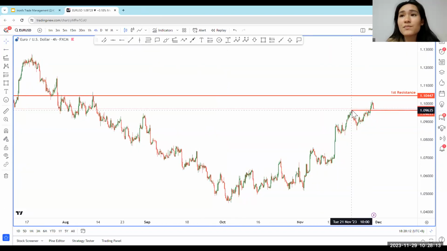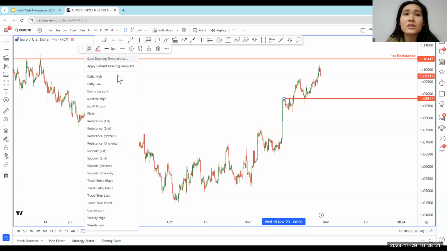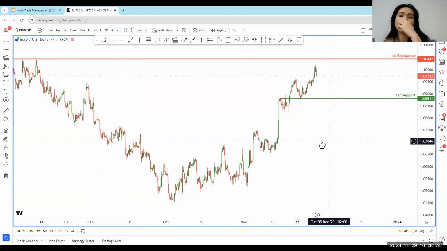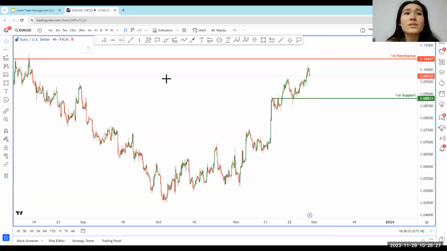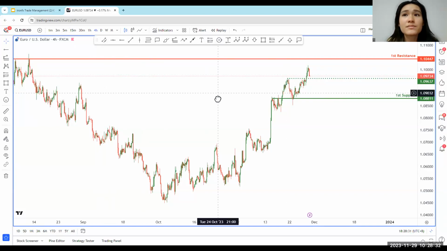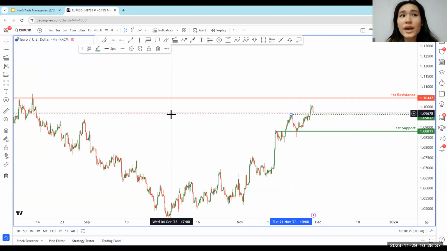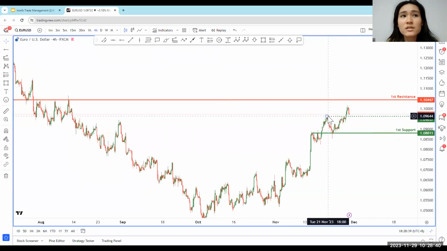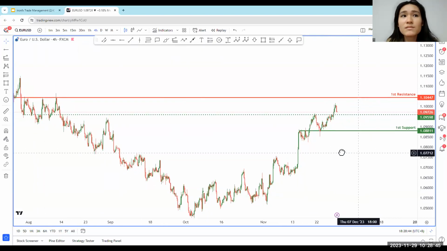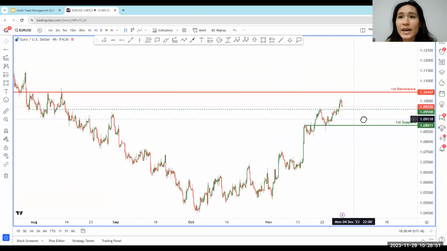Next, I'll probably place my first support over here. Then I'll place an intermediate level here as well. So this is my intermediate support level, because it's very close to where price currently is at.